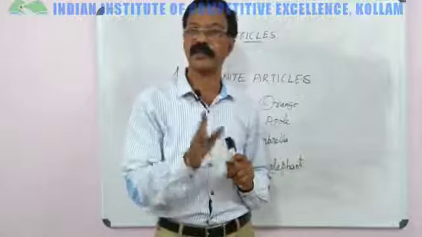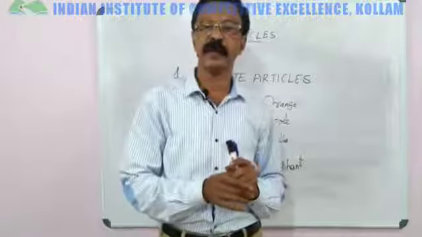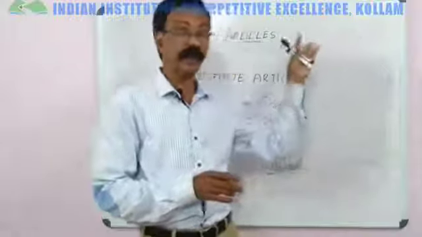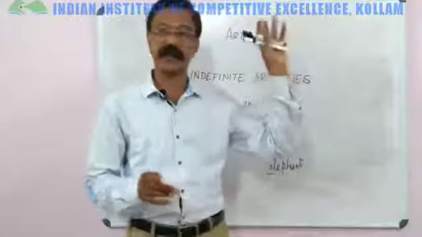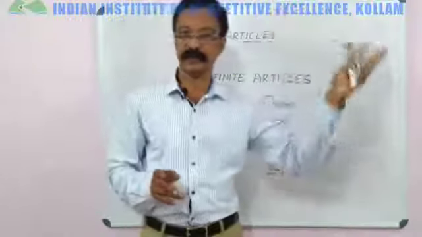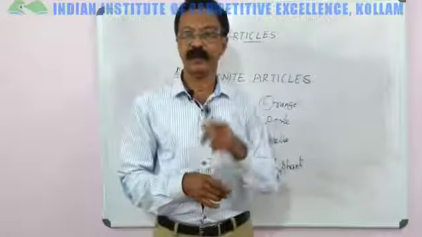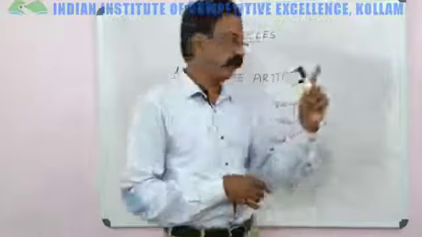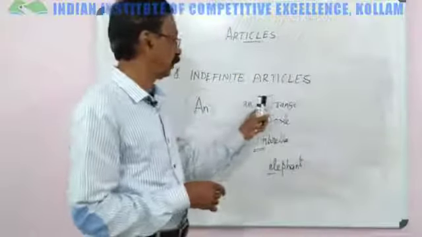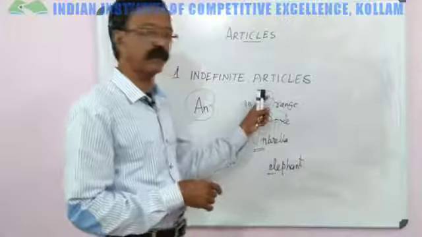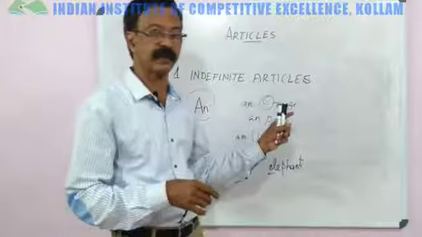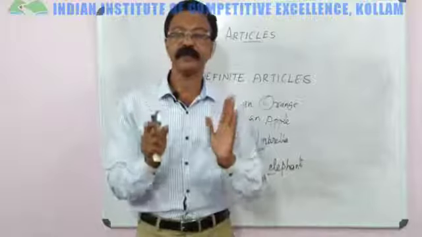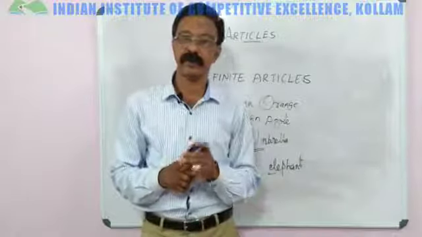It is not starting with a vowel sound. That's why a is used. A university, a utensil, and a uniform. Here an is used because the sound or the pronunciation of those words I have given starts with a vowel sound.